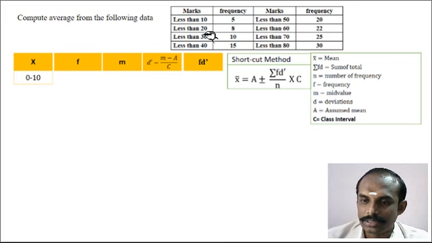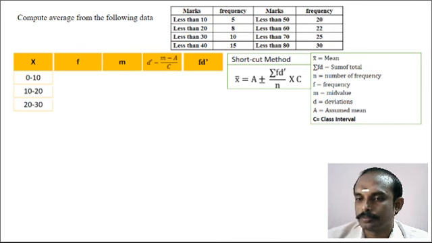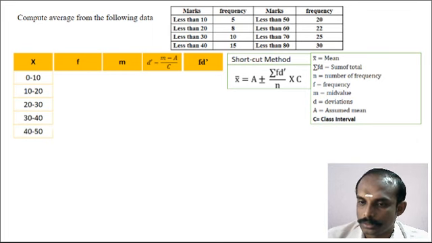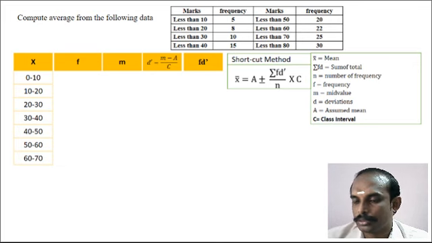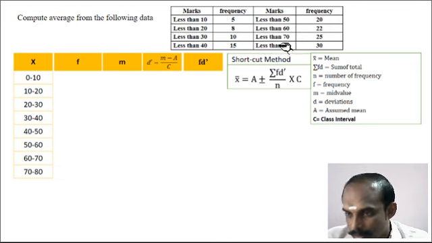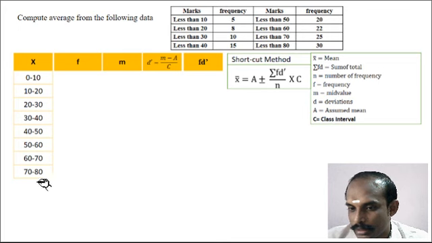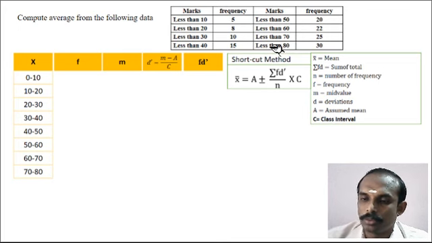So increasing by 10 each time: 10 to 20, 20 to 30, 30 to 40, 40 to 50, 50 to 60, 60 to 70. For less than 80, 80 is the upper limit and 70 is the lower limit, so 70 to 80.